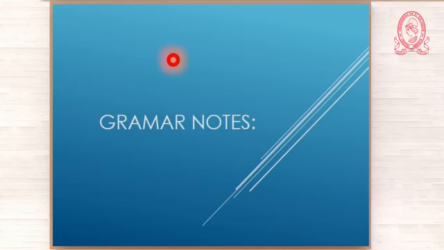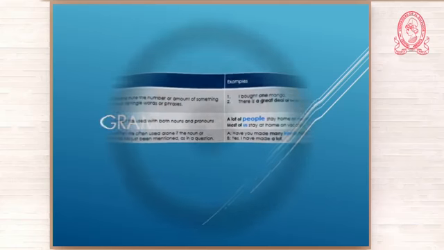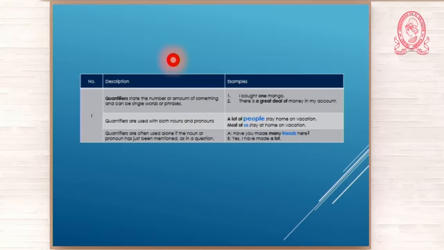Okay? Now, let us recap a little bit. Let us remember some things that we have already mentioned in this video. Number one, quantifiers state the number or amount of something and can be single words or phrases. Look at the first example. I bought one mango. Okay, in this case, one, which is the quantifier, is stating a number, and it is a single word.